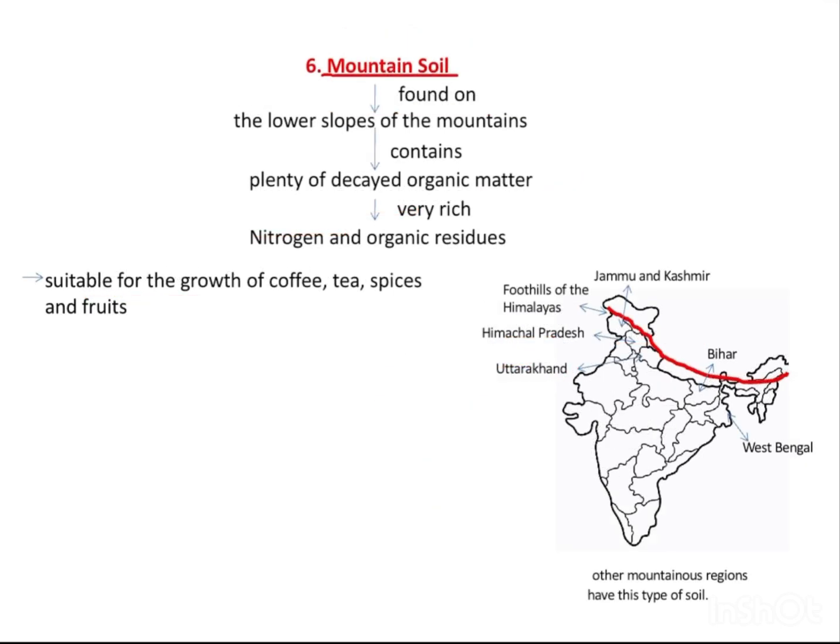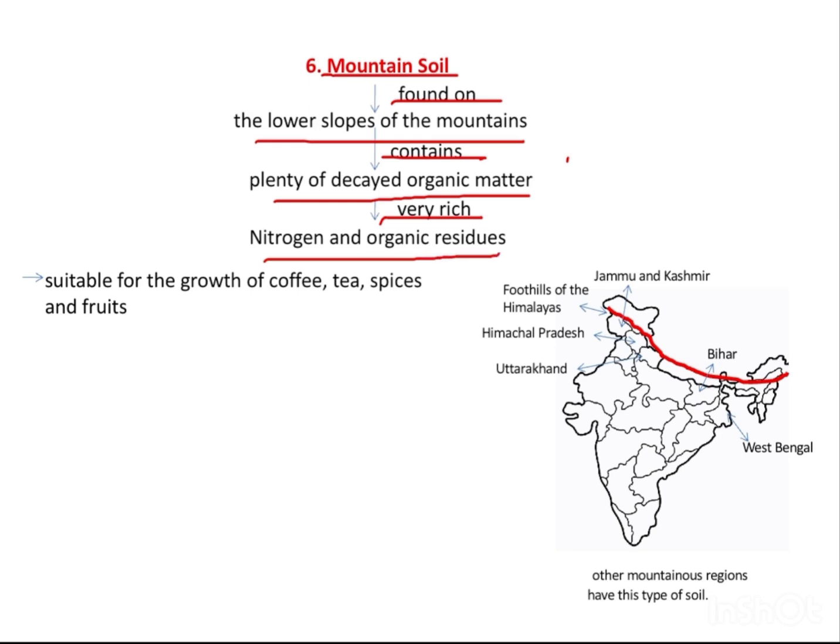Mountain soil found on the lower slopes of the mountains contains plenty of decayed organic matter, that is decomposed material of organisms, and is very rich in nitrogen and organic residues.